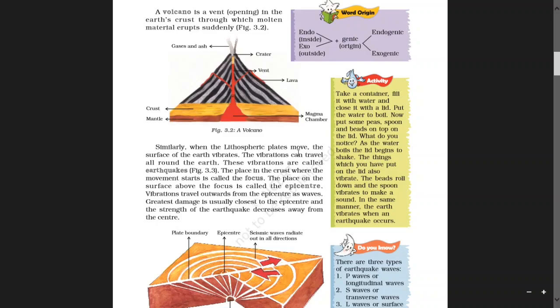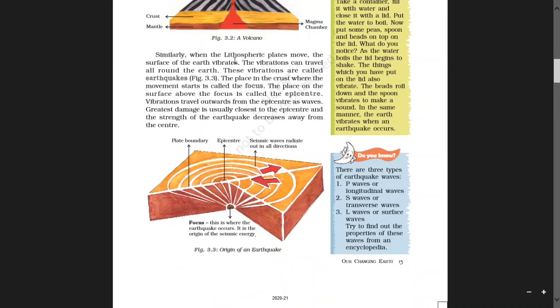The vibrations can travel all around the earth. These vibrations or tremors are called earthquakes.